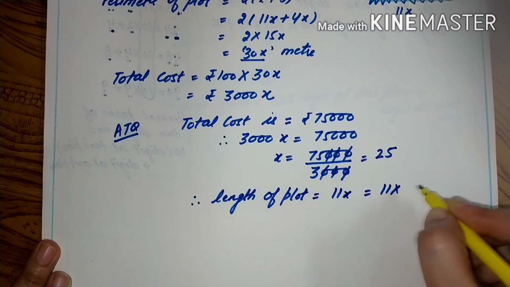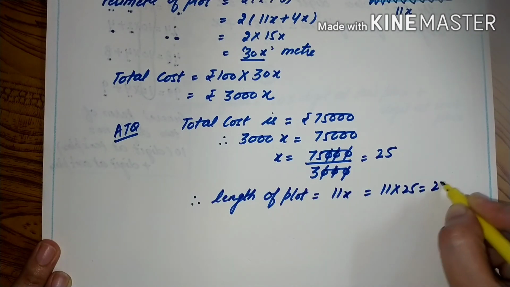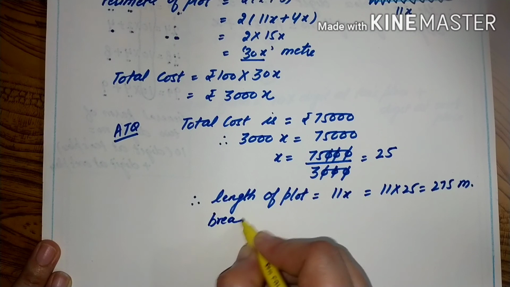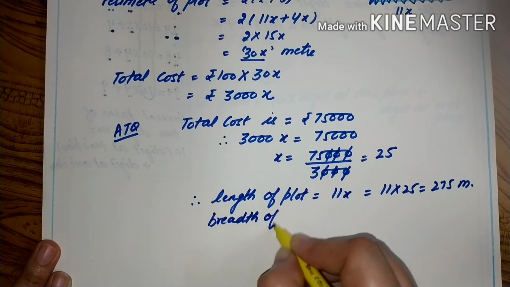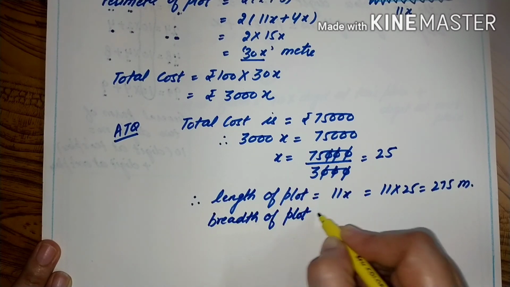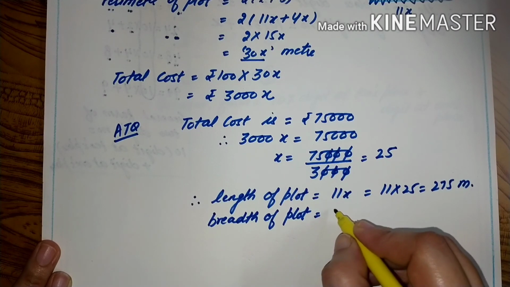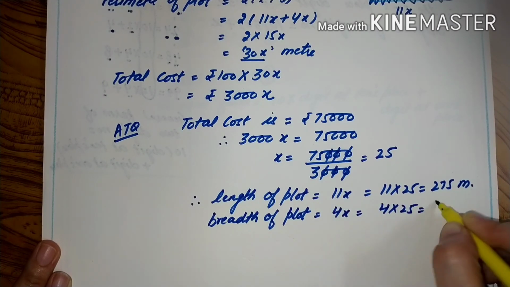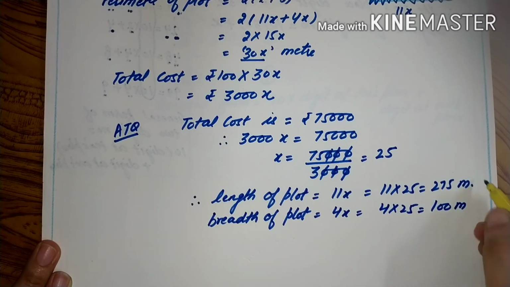So 11 into 25, 275 meters, and the breadth of the plot, it was 4x, that is 4 into 25, 100 meters. So this is our answer.